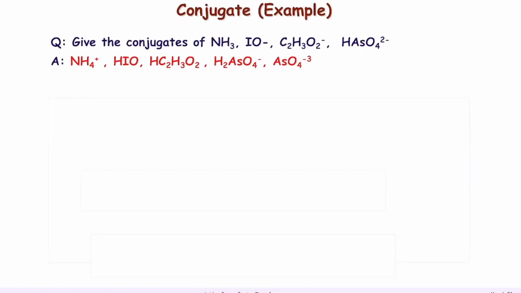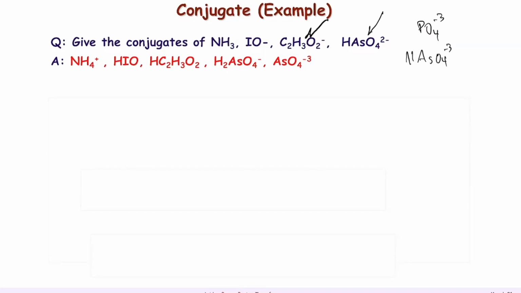And the question here is, what are the conjugate pairs of NH3, IO minus? This is the acetate ion. This is the biarsenate. Remember, PO4 minus 3 is phosphate, so AsO4 minus 3 is arsenate. It's in the same family.